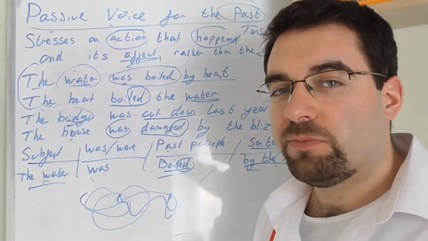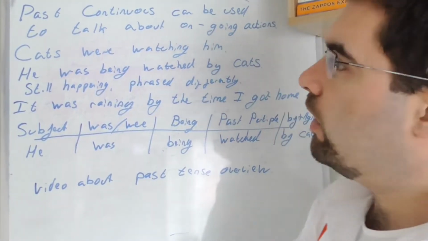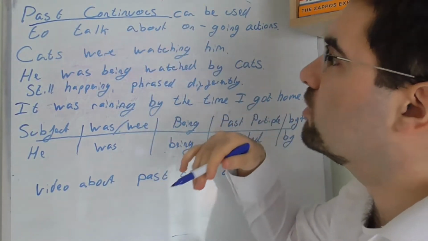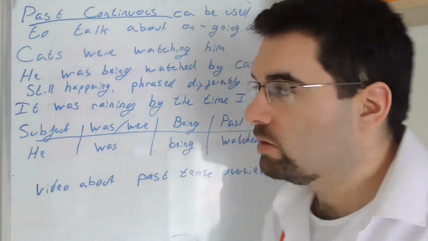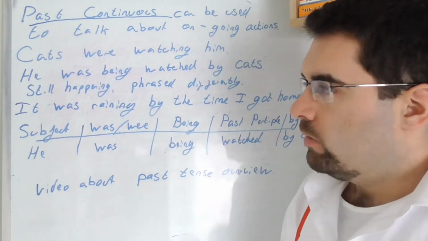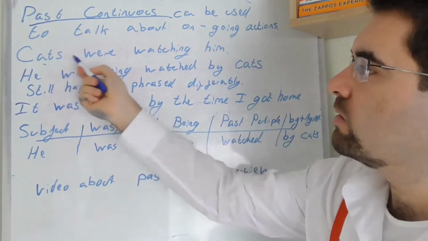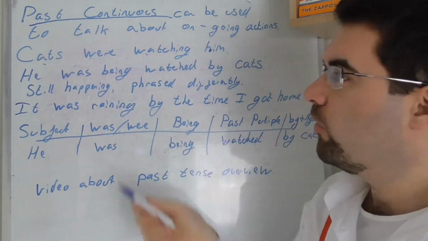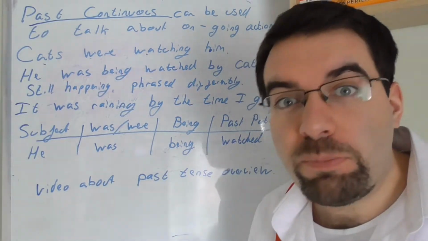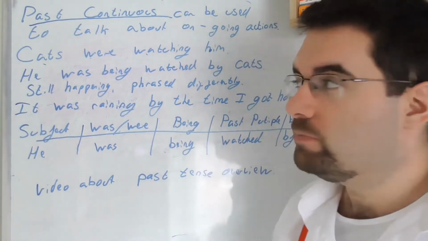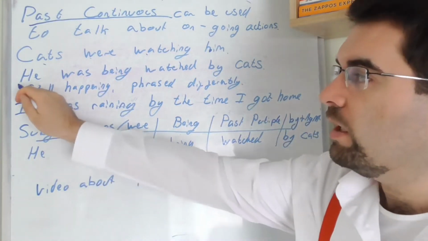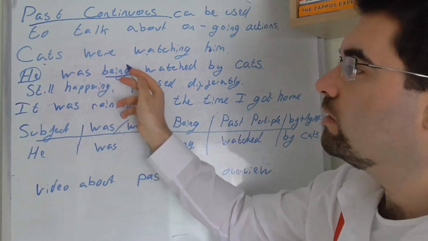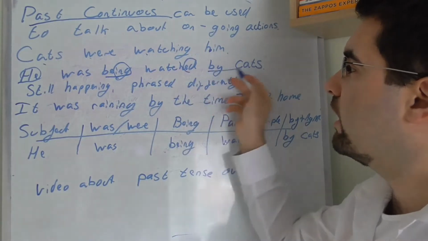But let's keep going and have a look at how we can use the past continuous and how it can be used to talk about ongoing actions. So, cats were watching him. Or even the dogs, the people were watching him. Let's flip it around: he was being watched by cats.